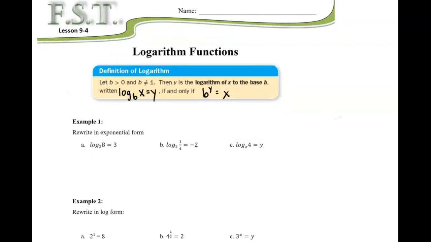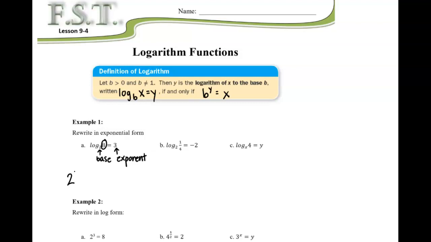For example 1, when we see log base 2 of 8 equals 3, this is where our base goes. This is where our exponent goes. And our 8 is basically the answer, or the solution to our exponential equation. So we can rewrite this as our base, which is 2, to the exponent of 3 equals 8, which is a true statement.